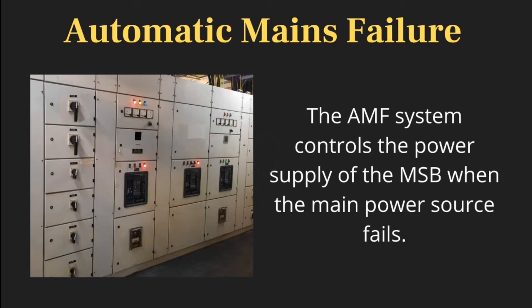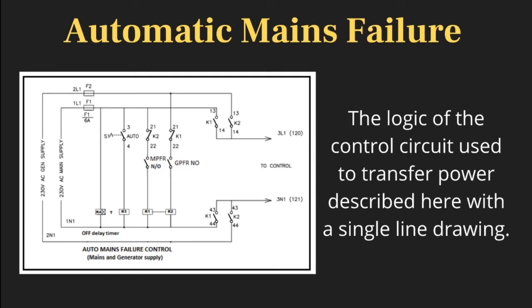The AMF system controls the power supply of the MSB when the main power source fails. The logic of the control circuit used to transfer power is described here with a single line drawing.